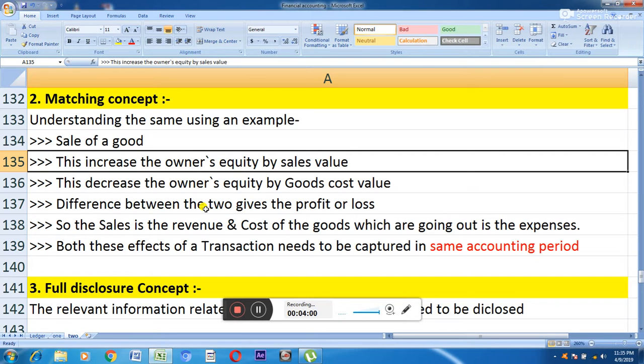Now the difference between the two is the profit. If the cost of the good is more than the selling price, then it will be loss, and if the selling price is more than the cost value, then it will be profit.